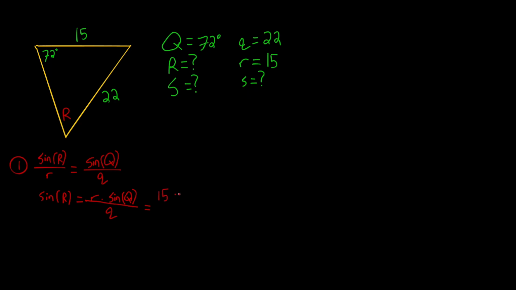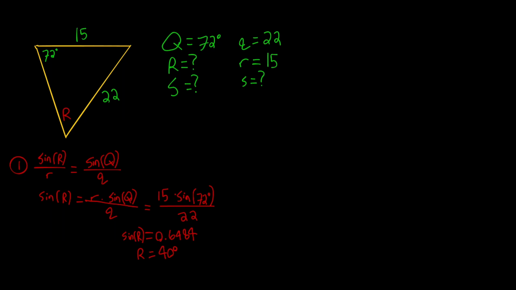So that's going to be 15 times the sine of 72 degrees divided by side Q, which is 22 there. So when I go ahead and plug all of that into my calculator, I should get that 0.6484 is equal to the sine of the angle R. So I take the inverse sine of that, and it gives me 40 degrees is equal to R.